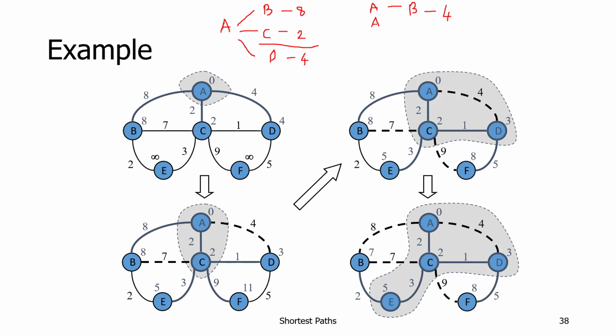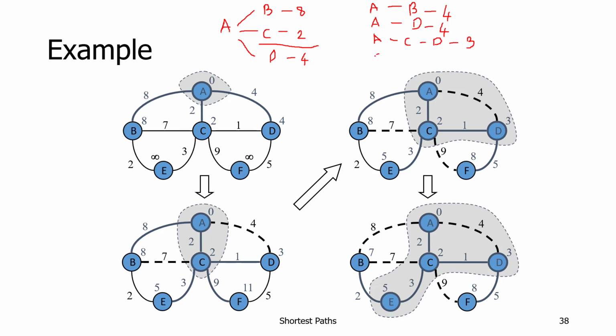Since A and C both are in the cloud, I have another possibility of going to D. Initially AD was 4, but now since I have C also, I can go to D via C. So I can go A, C, D, which is possible in 3 units.